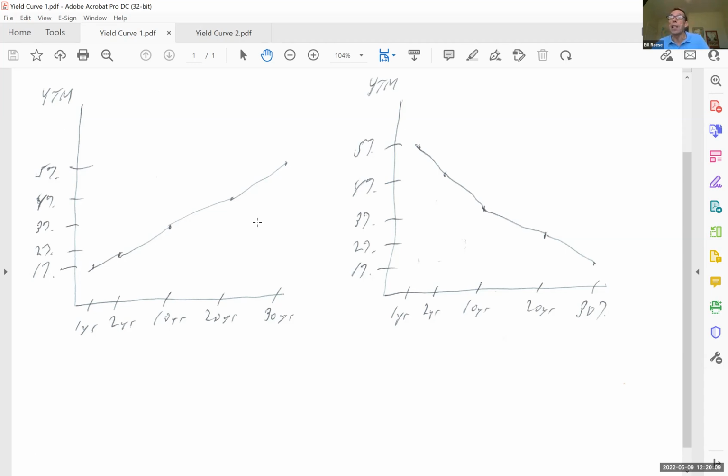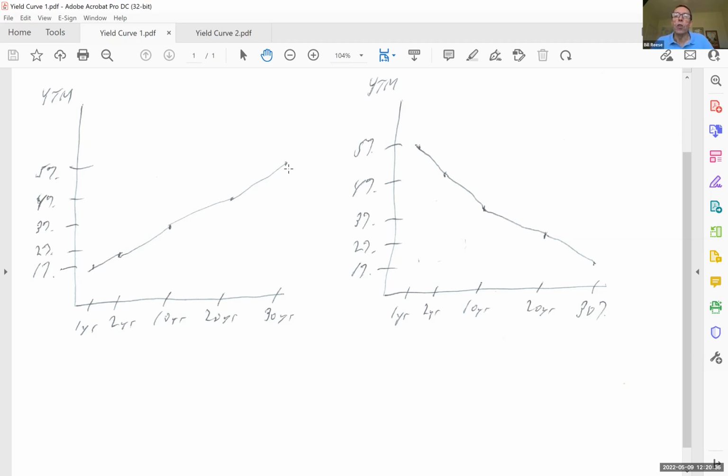If the economy is getting too hot and inflation is getting too high, they will raise interest rates. So an upward sloping yield curve is oftentimes an indicator, and there are two other theories we haven't even gotten to yet, that investors are expecting inflation to be coming up, which would mean that the Federal Reserve would be raising short-term rates.